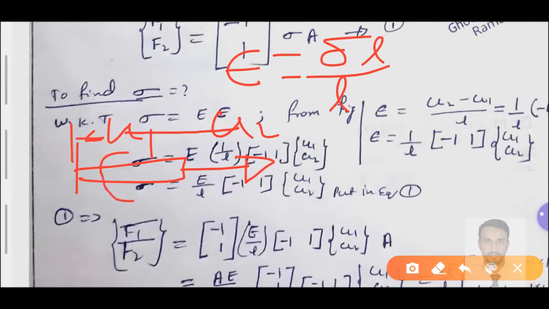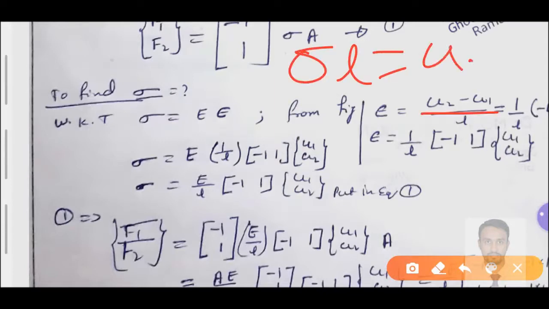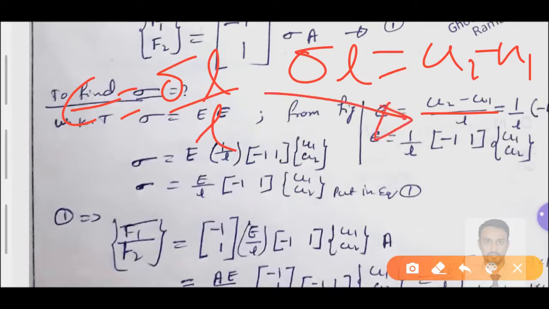The maximum elemental displacement in the element is U2 minus U1, right? So U2 minus U1 is equal to delta L. So strain is equal to dou L by L, which is equal to U2 minus U1 whole divided by L.